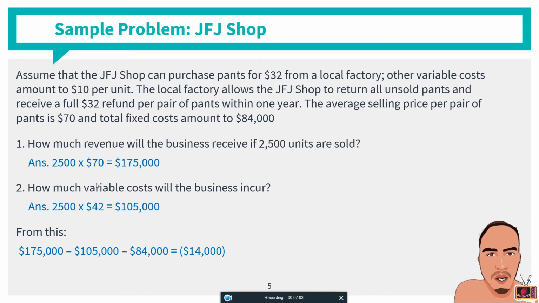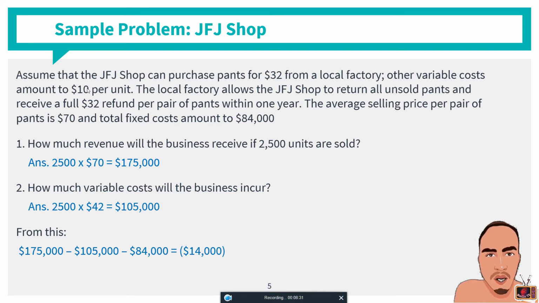So we need to understand what is variable cost. Examples of variable costs are transportation, utility cost, manpower cost. Then the answer on variable cost is 2,500 times $42, which is equal to $105,000. So variable cost is $42 since JFJ shop purchased the pants for $32 and added $10 per unit.